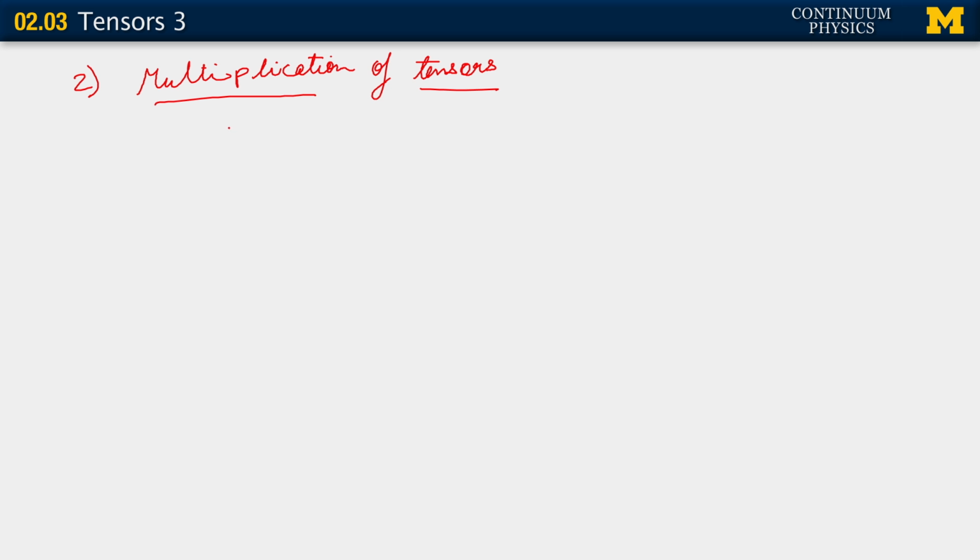In particular, we can write C equals AB, where everything is a tensor belonging to GL3. Again, we may ask what we mean by this. Now we're probably getting fairly good at answering this question. We just need to consider what this means in terms of components.